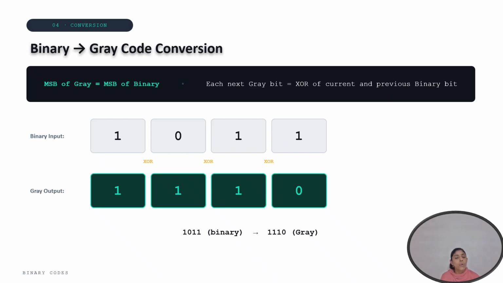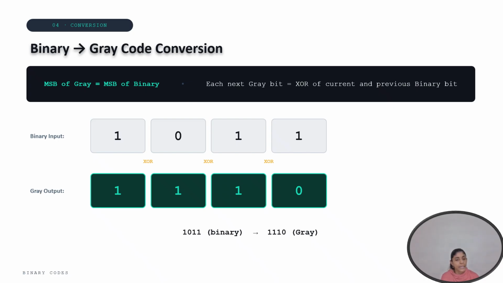What is a binary to gray code conversion? Remember, the MSB of gray code is equal to the MSB of binary code. Already I told this in the earlier example itself. Each next gray bit is nothing but the XOR of the current and previous binary bits.